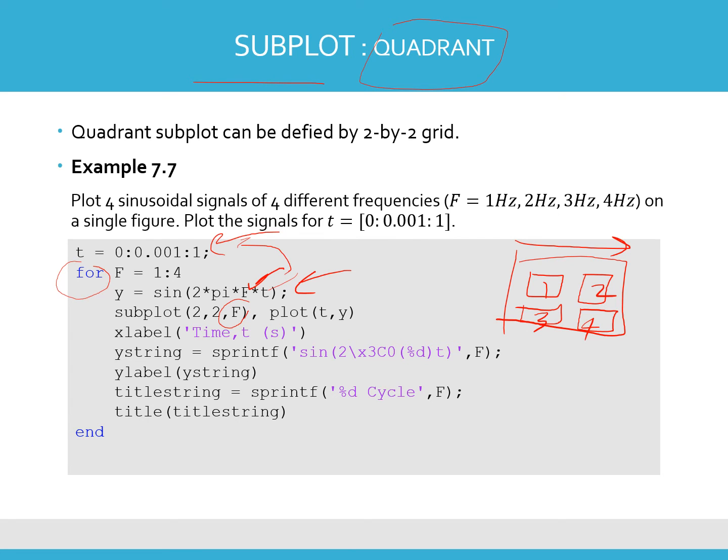And then of course you plot the x, the t and y, and you label it properly. Y string f, print f. So this one I will show you after this. What is this done? Okay, y label. So I will show you after this. Of course the title is this one and the title.